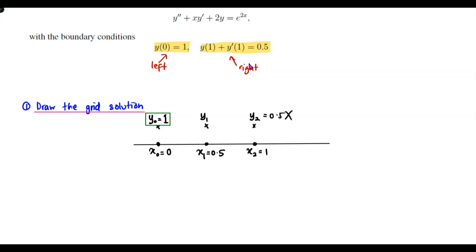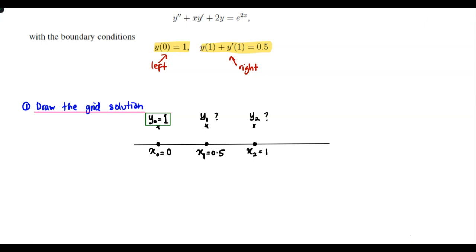But at the left boundary, it is okay to write 1 here because y0 equals 1. You don't have the derivative term at the left boundary. At the right boundary, y2 is unknown at this moment. So we are going to find out what y1 and y2 are.